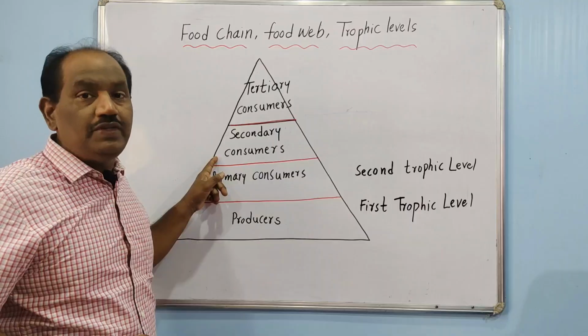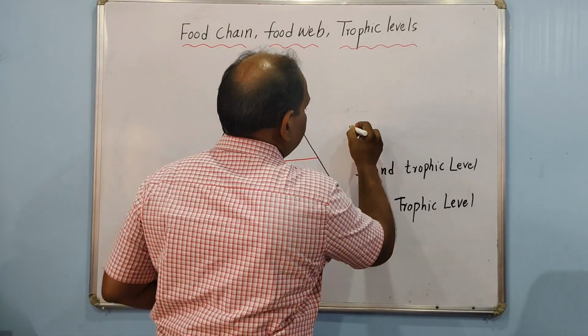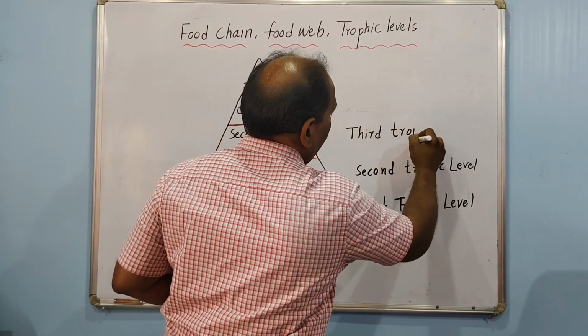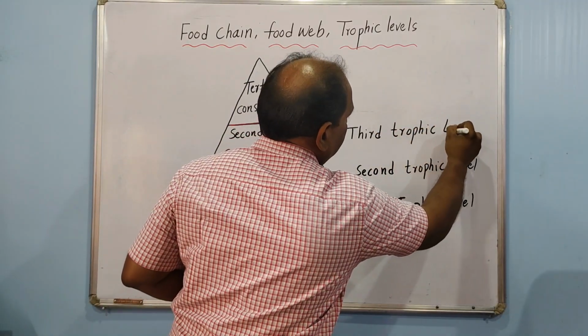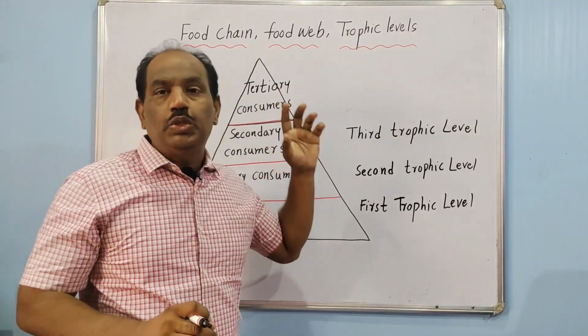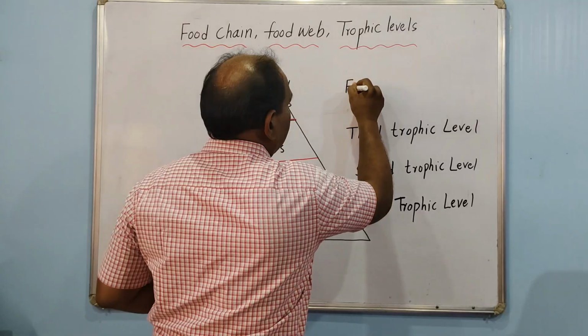Secondary consumers, ద్వితీయ వినియోగదారులు, come at third trophic level. Tertiary consumers, తృతీయ వినియోగదారులు, come at fourth trophic level.